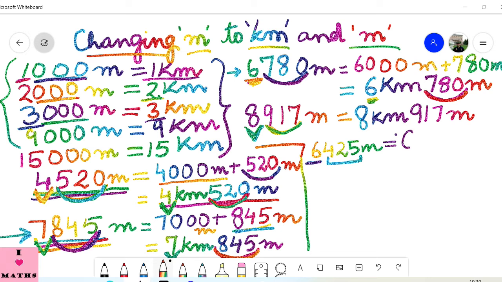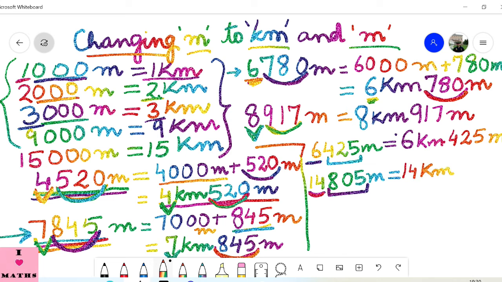So this is equal to 6 kilometers 425 meters. Okay, one more example. 14,805 meters. Here also the number formed by the last 3 digits is the meter part and the remaining number is the kilometer part. So this would be 14 kilometers 805 meters.